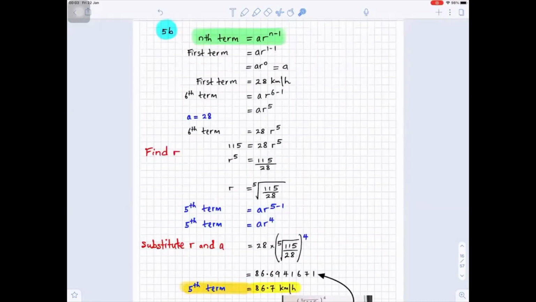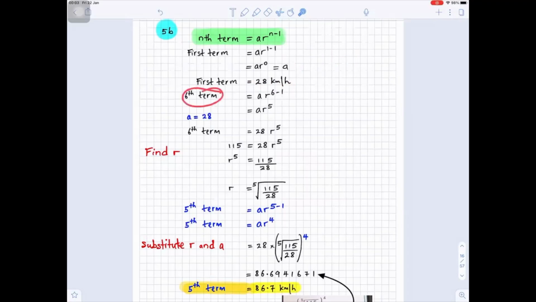For part 5B, the nth term is given by that formula at the top, a r to the n minus 1. First term, n is 1, so a r to the 1 minus 1. 1 minus 1 is 0. So r to the power 0 is 1. So it's a. So the first term is 28 kilometers per hour.